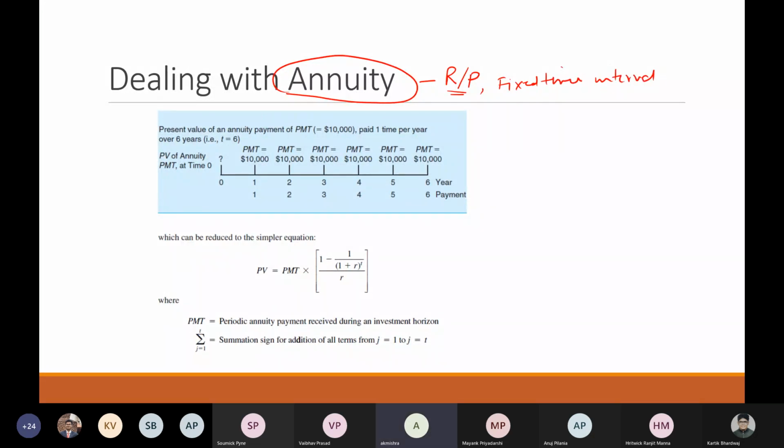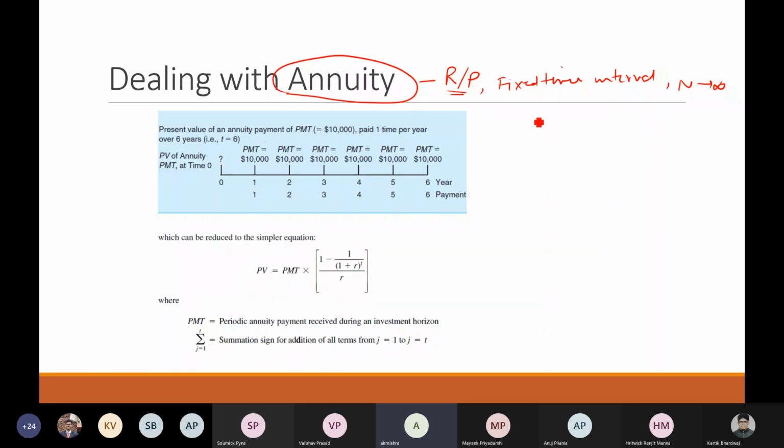For example, every year, if you are depositing a certain amount, and that amount is fixed up to a given time period, it could be n or it could be infinite based on how we consider our case. In this case, the amount that you are depositing at the end of every year is nothing but annuity at the end of every year.